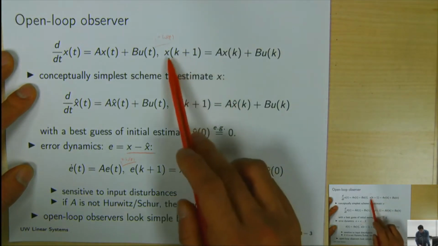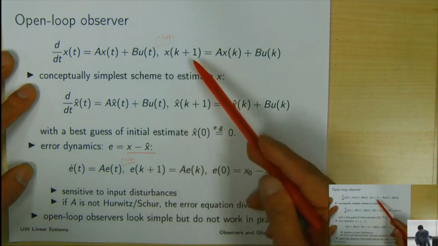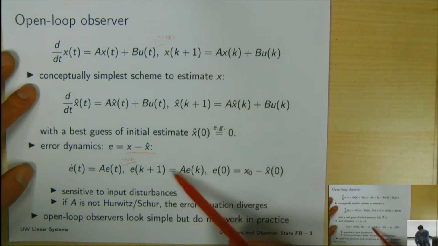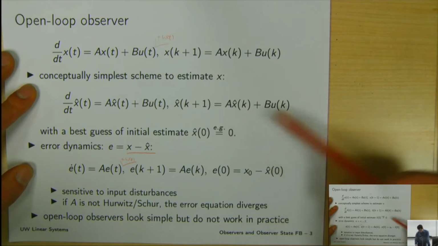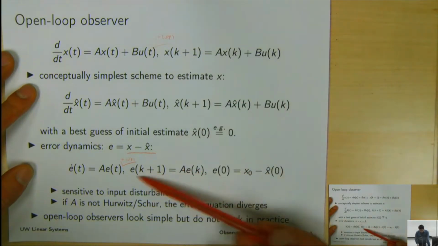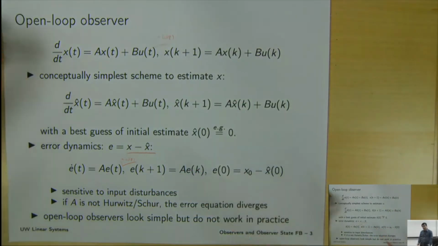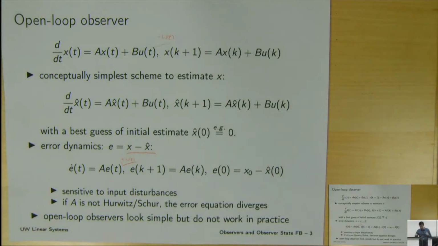So we have the error dynamics e(k+1), this minus this, equal to A times x minus x hat at k, right? So you're going to have the same problem if A contains eigenvalues outside of the unit circle in the discrete time case, then the error dynamics will not be stable.